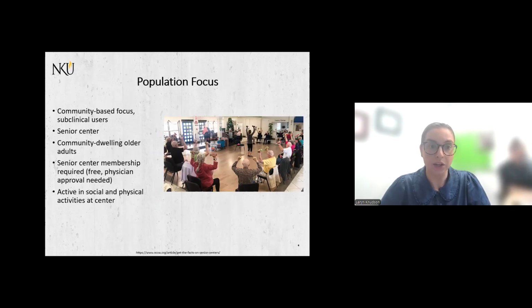So it's at a senior center with community dwelling older adults. So individuals that are mobile throughout the community. They're not homebound. They're actively seeking socialization, different activities. And so this was our population focus.